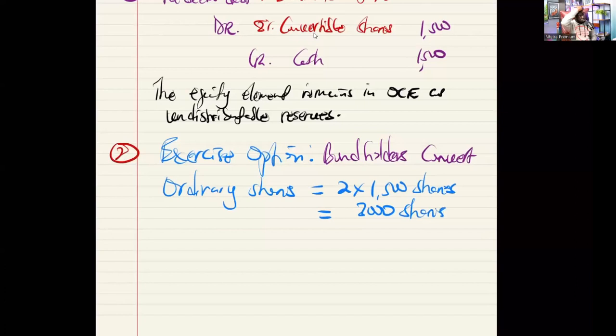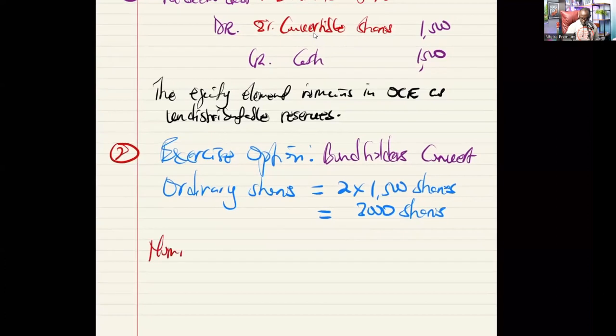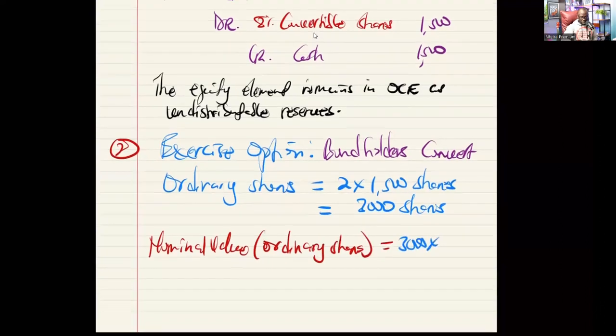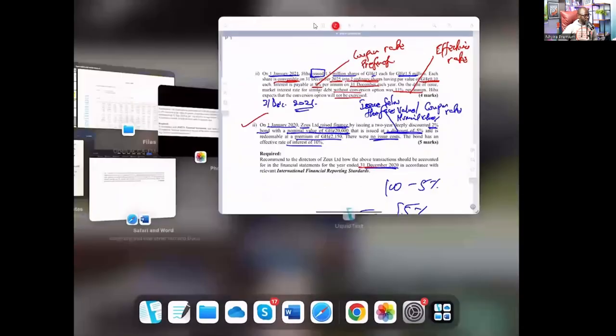Sounds good? But what is the nominal value of those ordinary shares? So the nominal value of the ordinary shares they are getting, that's going to be 3,000 times. We were given the value in the question to be what? 0.1 Ghana cedi each.